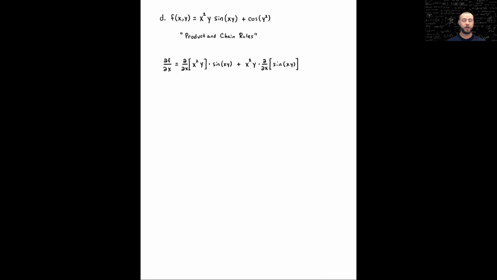In the function, there's that very last term, cosine of y squared. Keep in mind, for an x partial derivative, how do we interpret y? We think of y as being a constant. So the last term in the function, cosine of y squared, partially differentiates to 0.